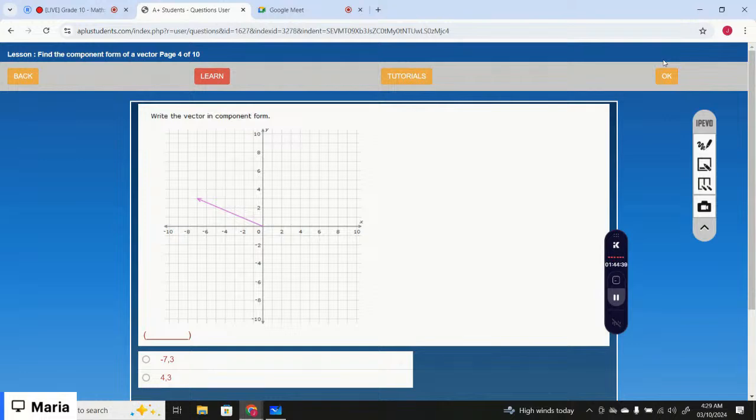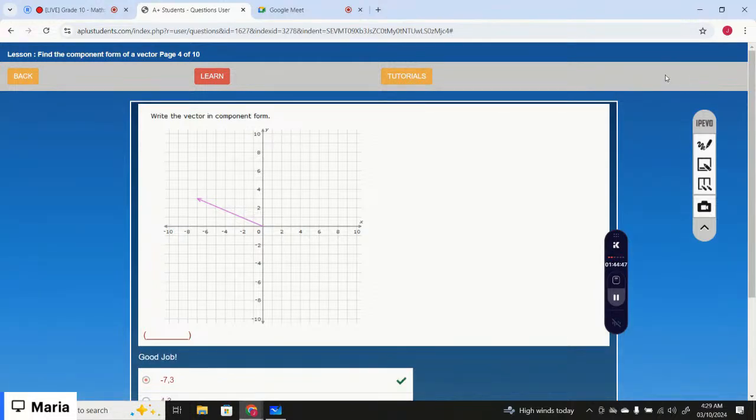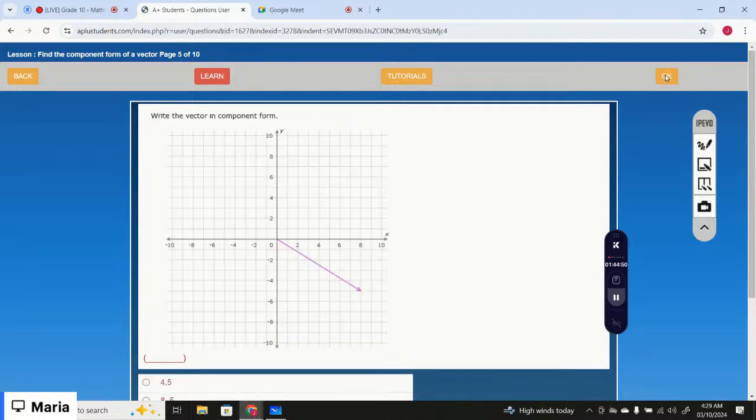The correct option is -7 and 3. Option number 1 is the correct option. Write the vector in component form.